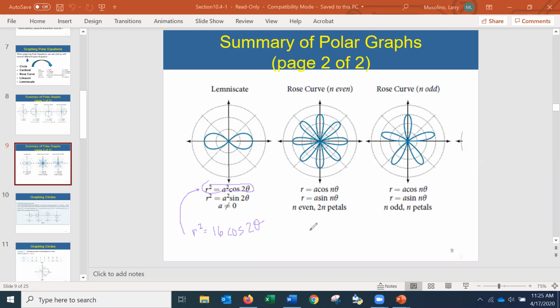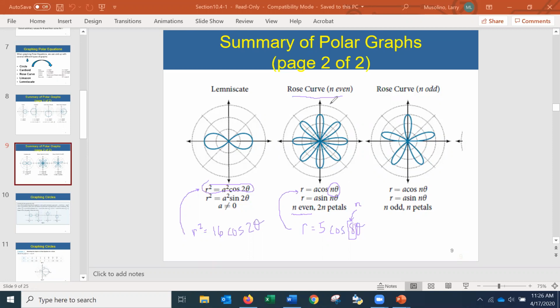What if I had an equation that was r equals 5 cosine 8 theta? Well, notice that would match up to this equation, because notice it says n is even. In my example, n here was 8, right? Notice the format is n theta. So my n is 8, so this would be a rose curve.